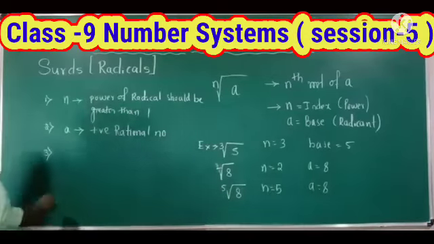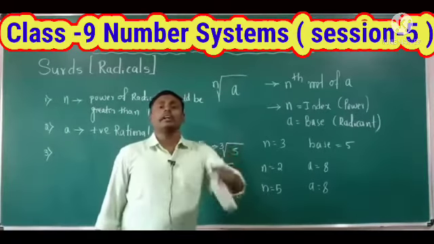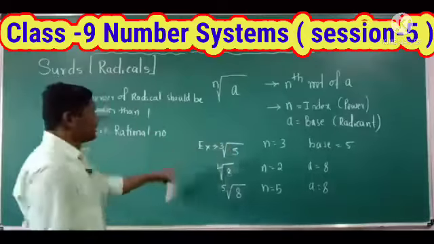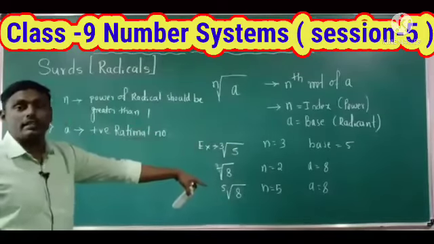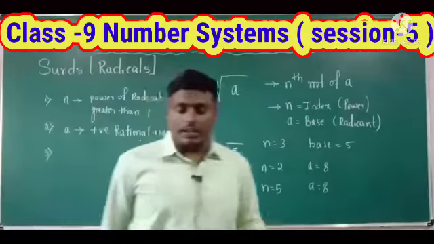Next, the third condition: they are all non-terminating and non-recurring decimals. When we find their values, they are purely non-terminating and non-recurring.